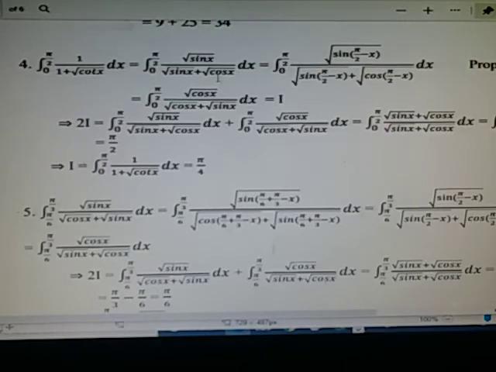Now you write 2I. 2I means I plus I. One I you write this one, and the other I you write this one. So this is I plus I, 2I. After adding, the numerator becomes equal to the denominator and cancels out.